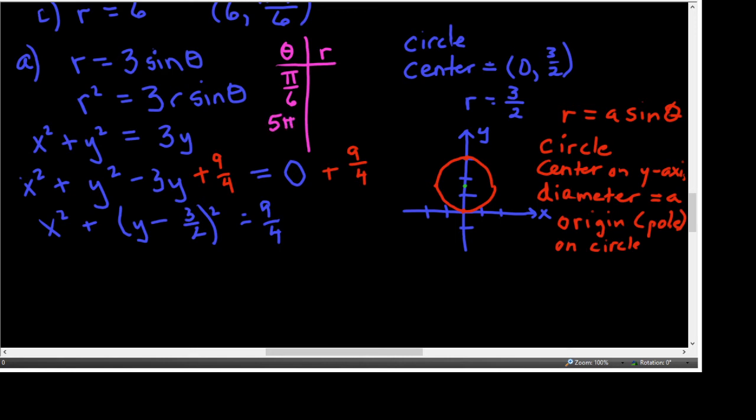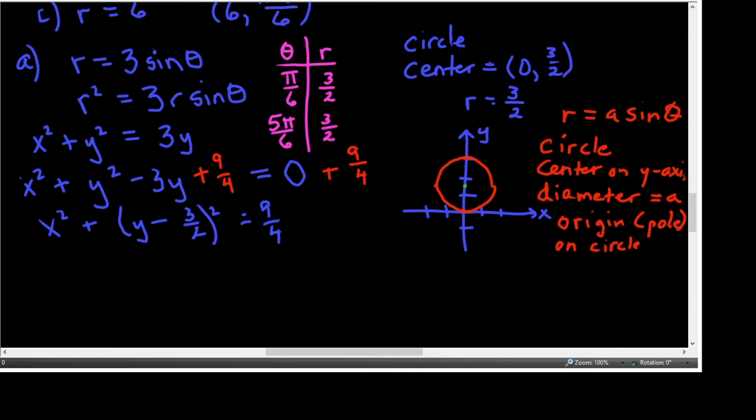You may know that the sine of those are nice rational answers. The sine of pi over 6 is 1/2, so 3 times 1/2 would be 3/2. And the sine of 5 pi over 6 is also 1/2, so it's also going to have an r value of 3/2.